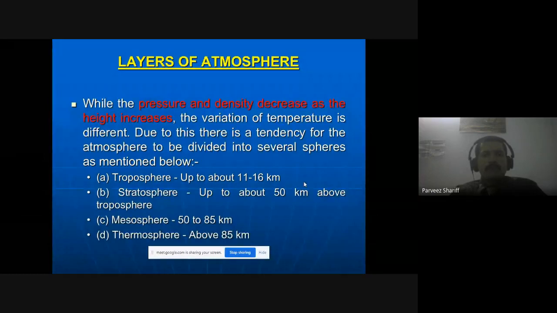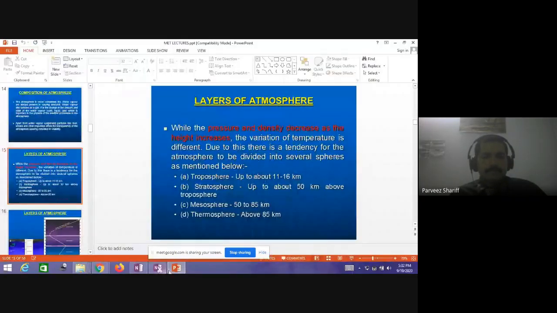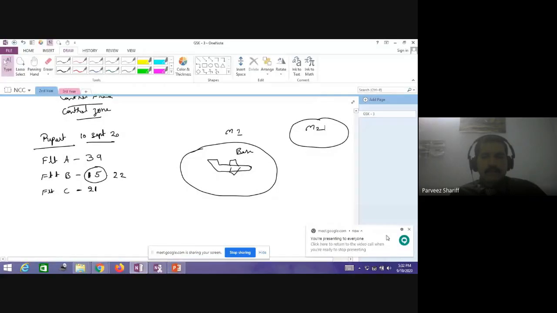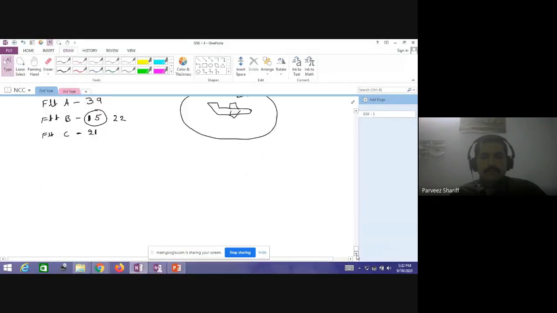So if we talk about the layers of the atmosphere, there are different layers. Before going to the layers, let us understand that as we go higher and higher in altitude, the pressure and density decrease. This should be very clear.